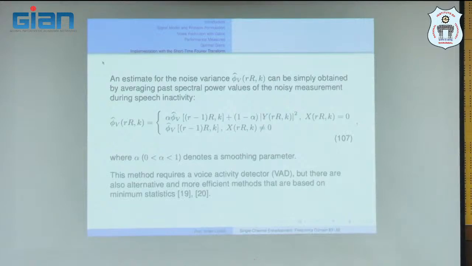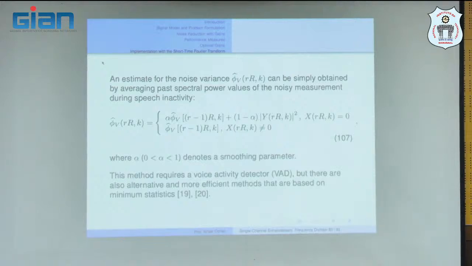Now, because I don't know that input SNR, what can I do? I will try to estimate the variance of V. So the variance of V, I will take it during windows that don't contain the original signal. For speech, when people speak, there are always some pauses, either in the time or in the time frequency beam.